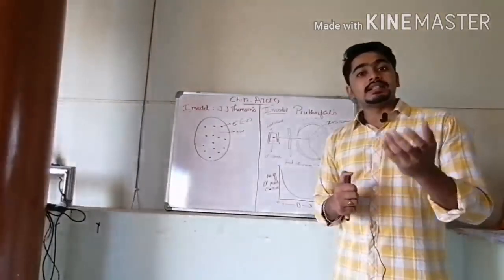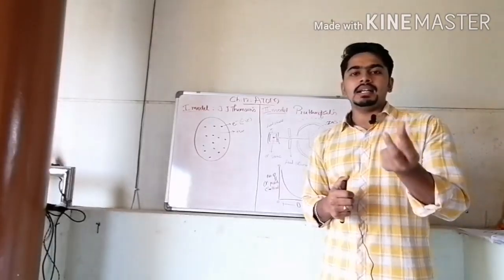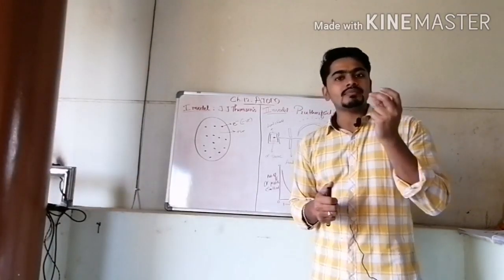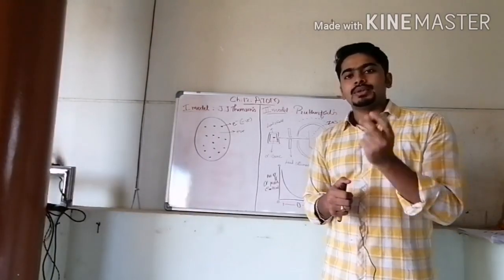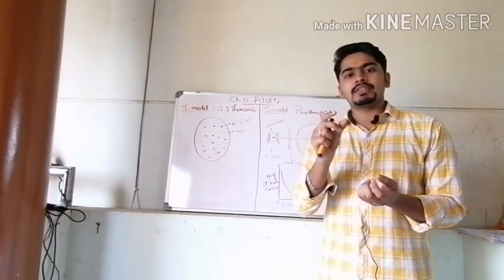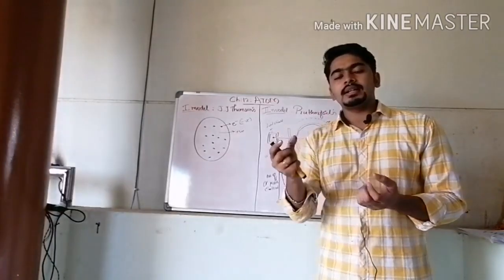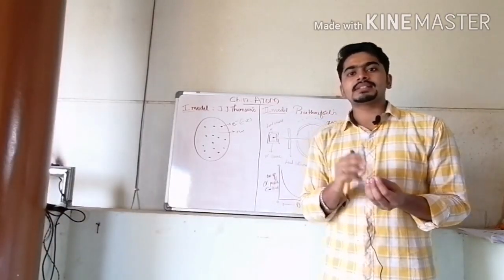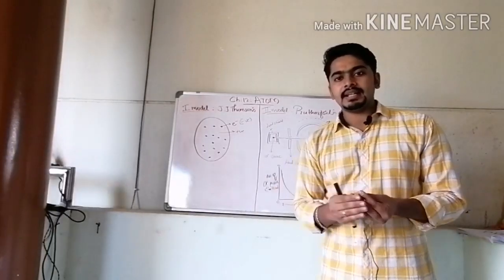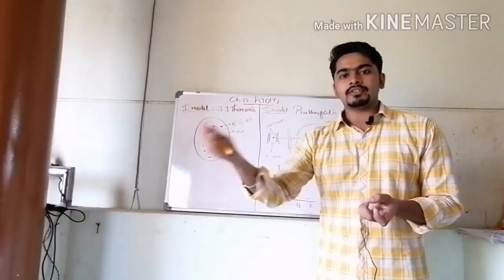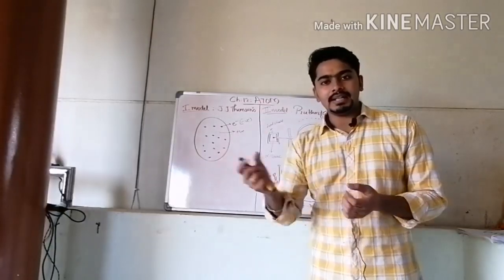For an example, uranium is a highly unstable atom, that is also a radioactive element, radioactive nucleus. What happens if the element is unstable? They try to attain stability by liberating some amount of energy as well as some particles.